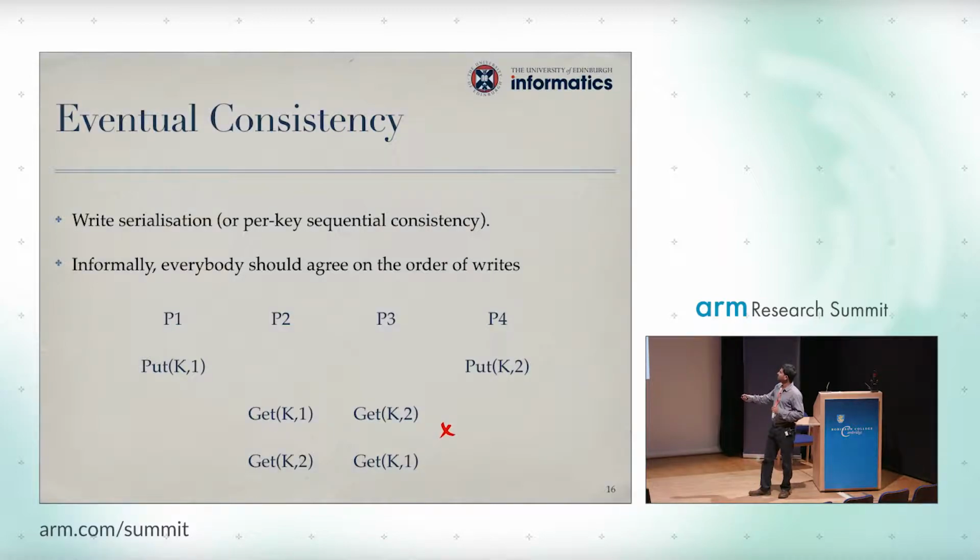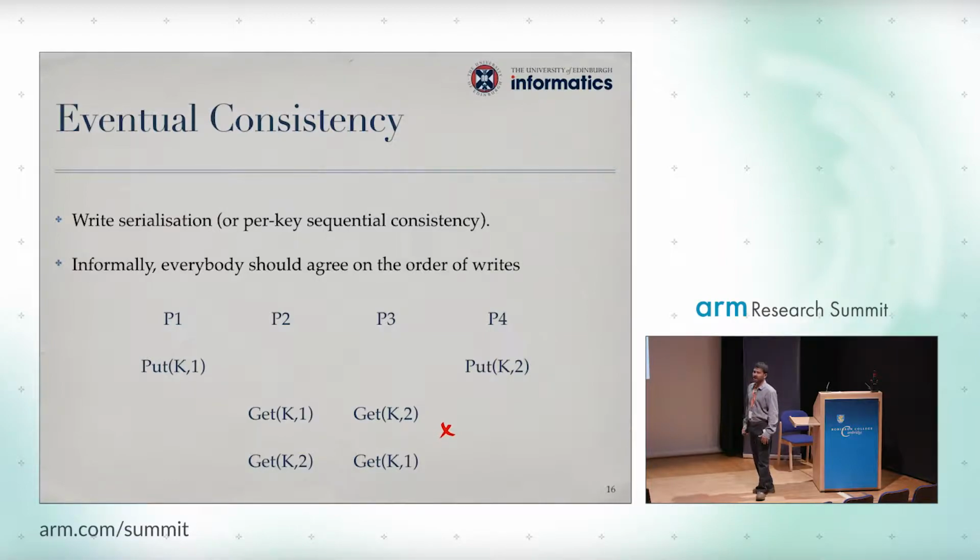With per-key sequential consistency, informally, what we want is for everybody to agree on the order of the writes. Let's say you have 4 processes here, or sessions, if you may. Let's say the first process puts to the key a value of 1, and the fourth one puts a value of 2. If you had 2 consecutive gets, you don't want P2 to read 1, 2, and P3 to read 2, 1. So you don't want that situation.